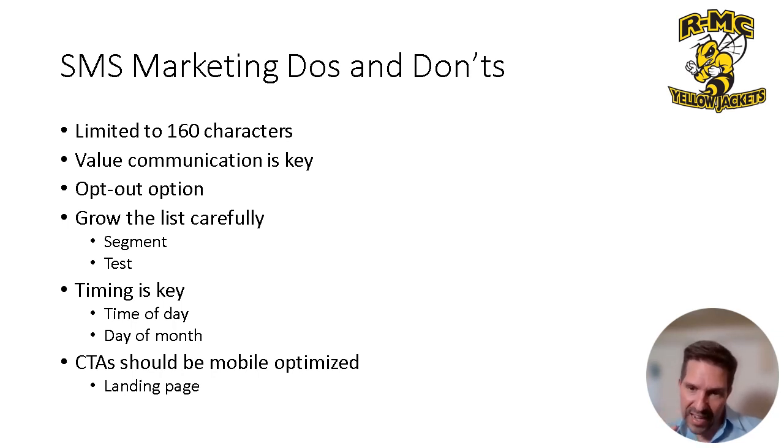So if they're going to click a link or a button so they can go and do something, like request a free brochure or whatever you have in your call to action, the landing page associated with that needs to be mobile friendly. This again might require some more testing on your part.